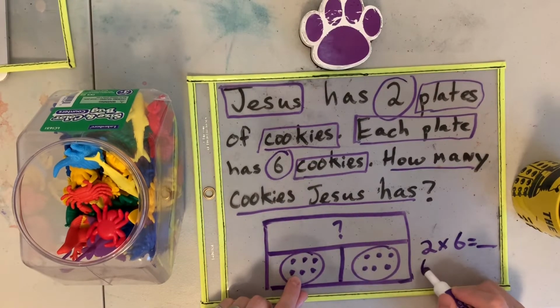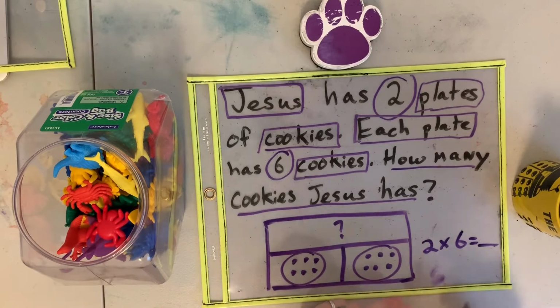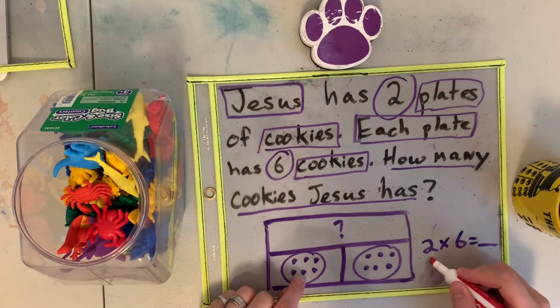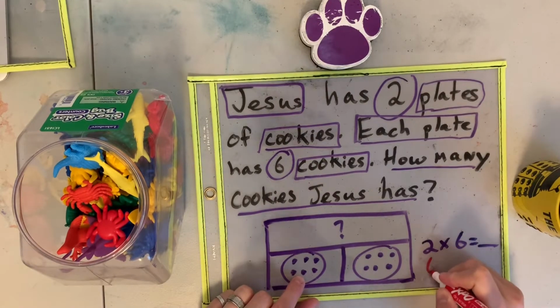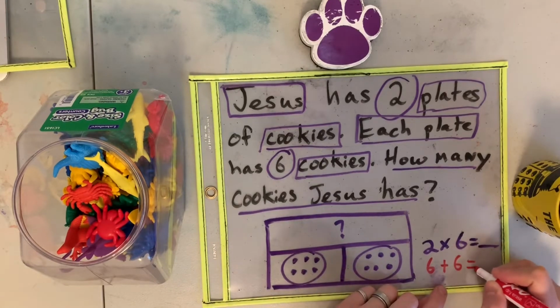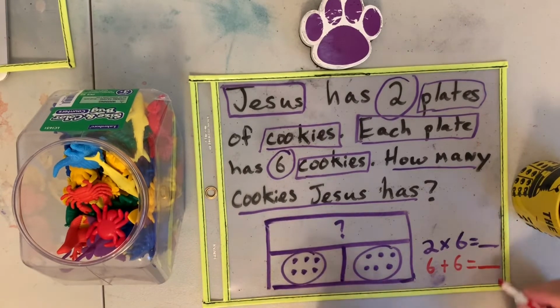Déjame hacer otro color para que no se confunda. Otra forma de leerlo, another way to read this is 6 plus 6 equals this number.